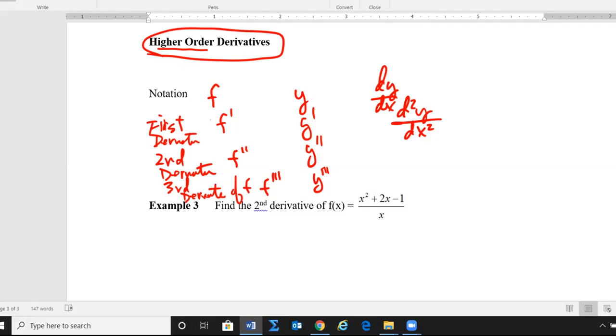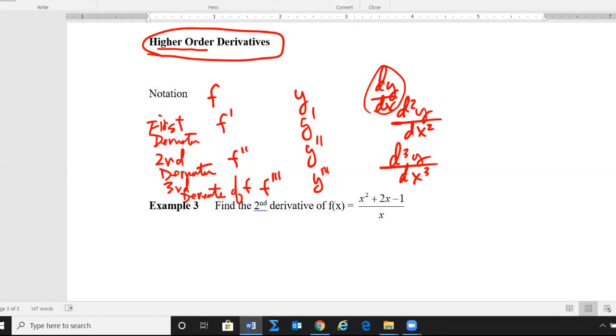This one, people do call it dy dx, but it's also known as the first derivative. This one, they really don't call it anything but the second derivative of y with respect to x. And that's all you can say about it. There's no shorter way to say that. And of course, you could have a third derivative, which would look like this. Okay, so different notation for that, differential notation.